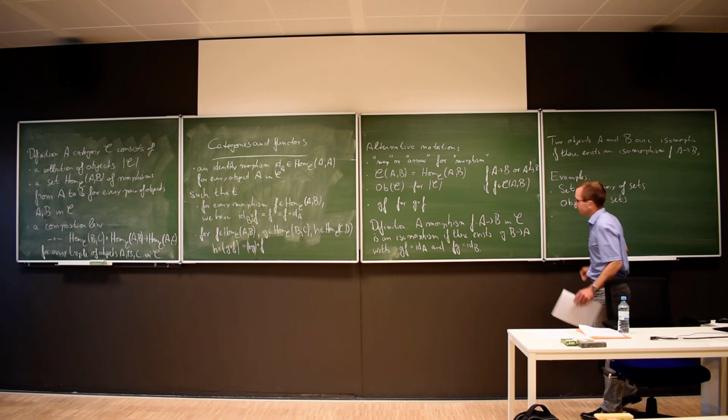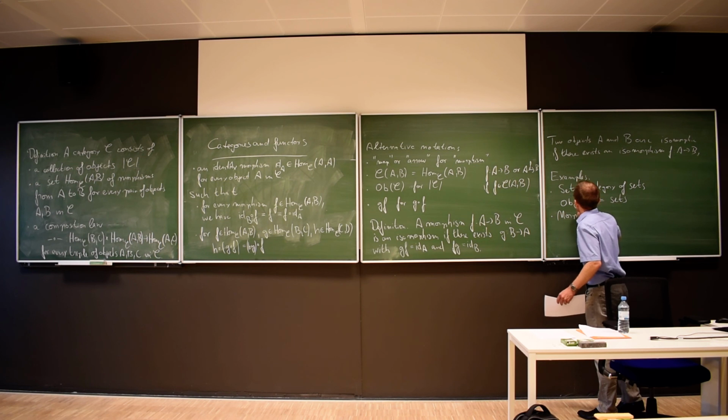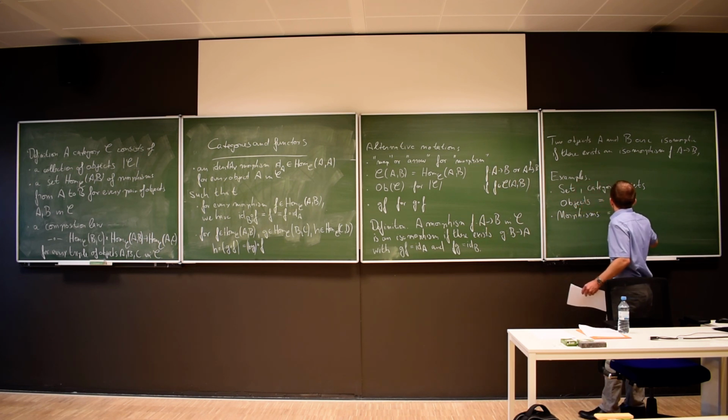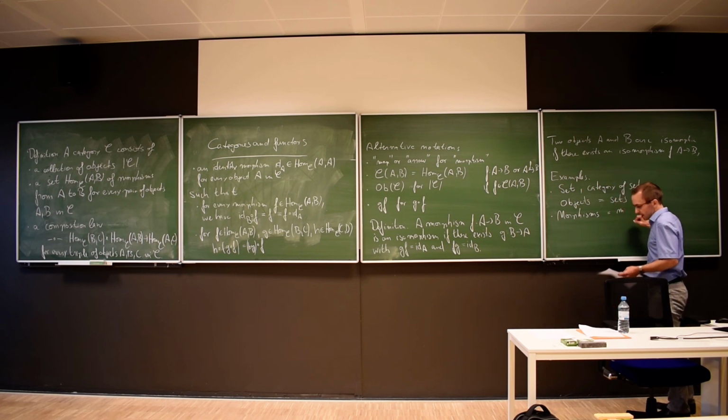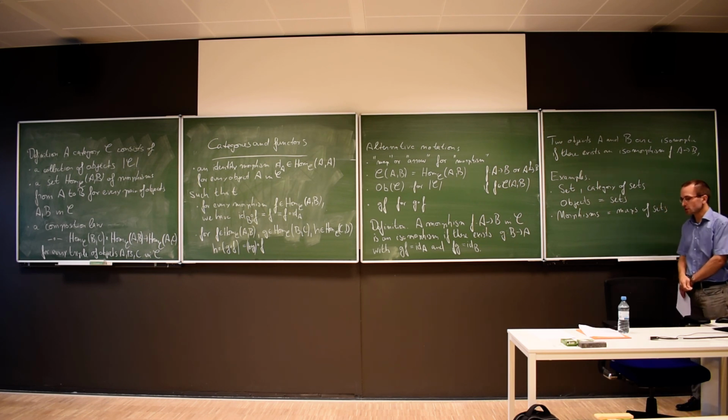So these are the objects. The morphisms in this category, well, they are the maps of sets, some people call this set theoretic functions.